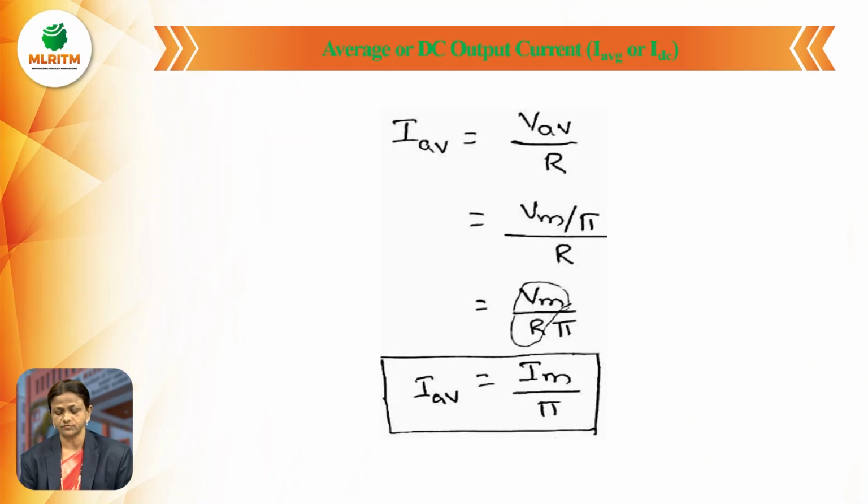Substituting it in this formula, Vm by pi by R becomes Vm by pi times R. Vm by R is nothing but Im, since V by R is the current value. Therefore I average equal to Im by pi.